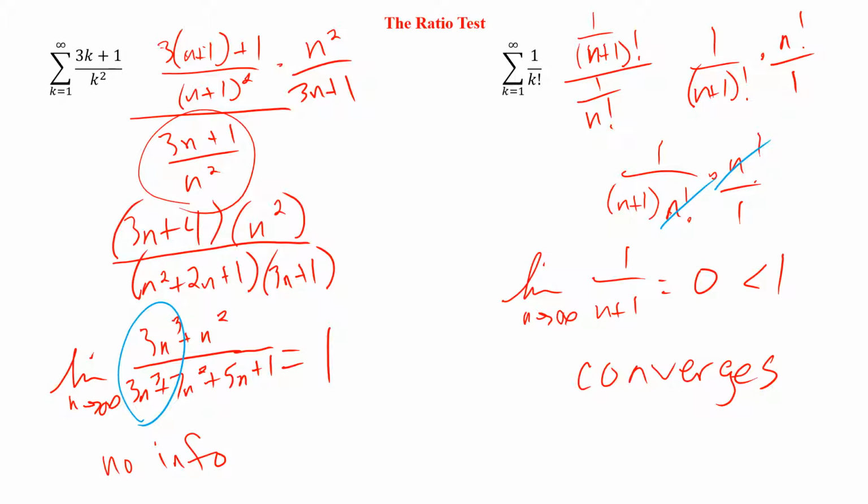And another test that we have is the root test. And this one's very similar to the ratio test. So here we're going to take the nth root of the nth term and take the limit as n goes to infinity of that. It's going to give us a number L, or infinity. If L is less than 1, the series converges absolutely.